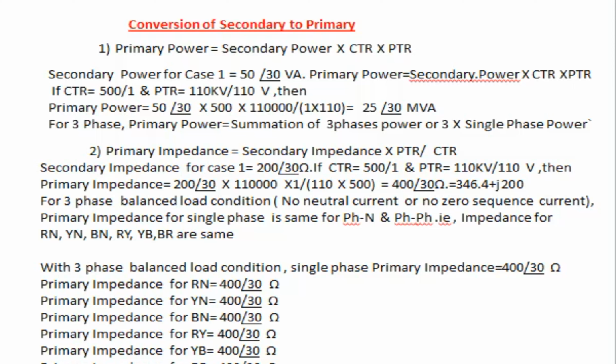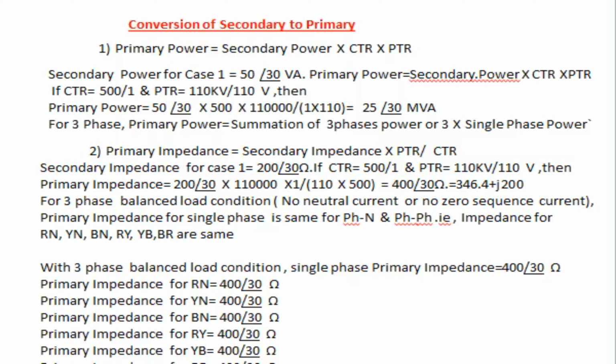If CTR is 500/1 and PTR is 110 kV/110 volt, then primary impedance is equal to 200 angle 30 into 110,000 into 1 divided by 110 into 500, equal to 400 angle 30 ohms. That is equal to 346.4 plus J200.